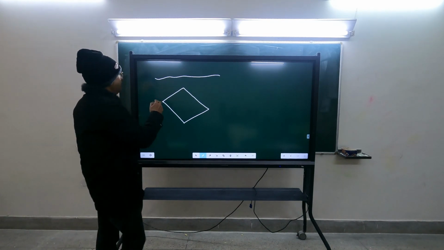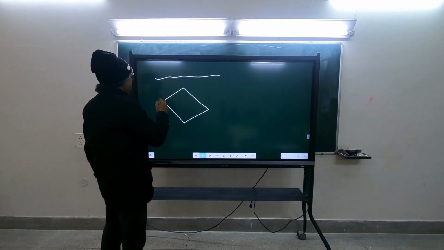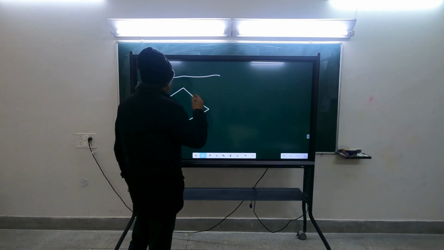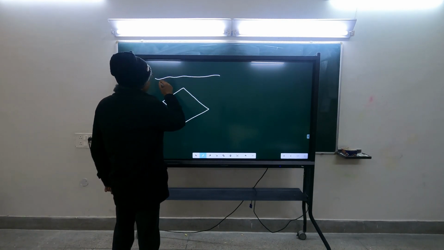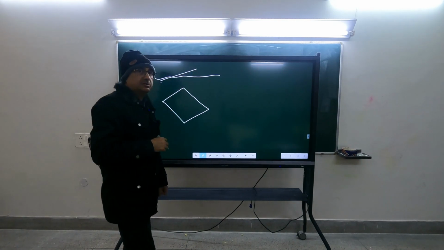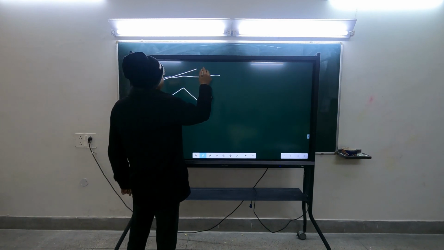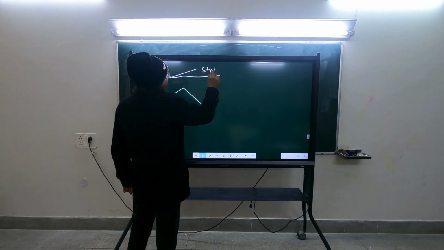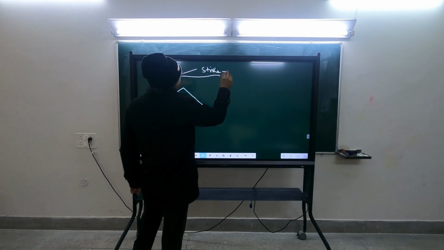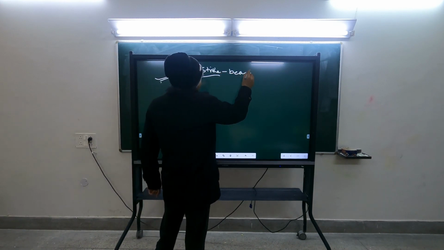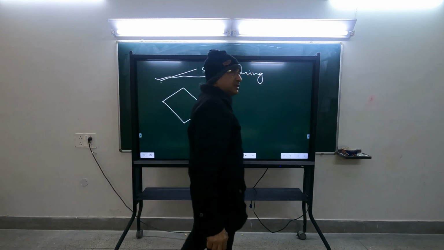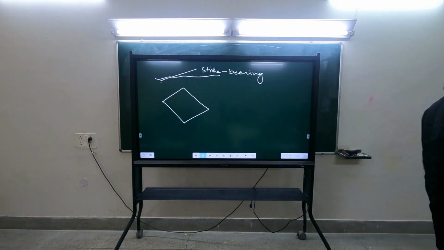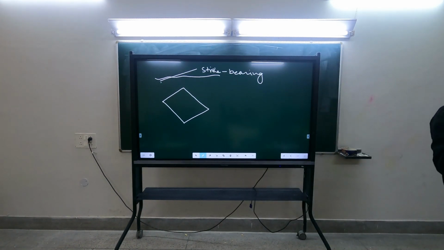One coordinate is, if you take the projection of this at the surface, it will give you a direction, the bearing of this fault. This is called the strike. Strike is bearing. In surveying you have done bearing, how much angle it is making from the north. So to define a fault, you need to define two things.